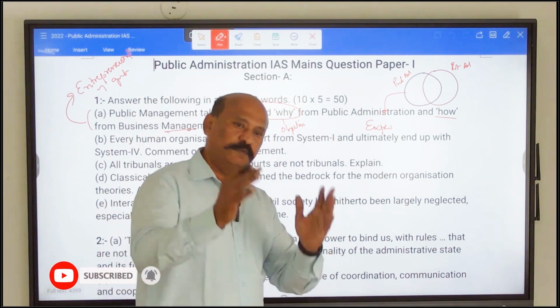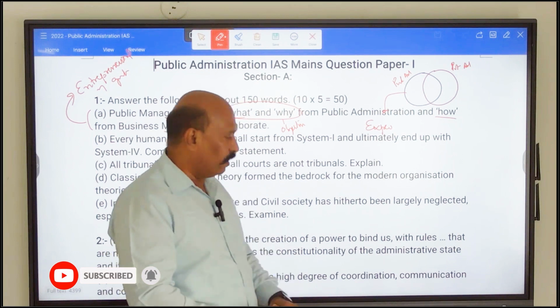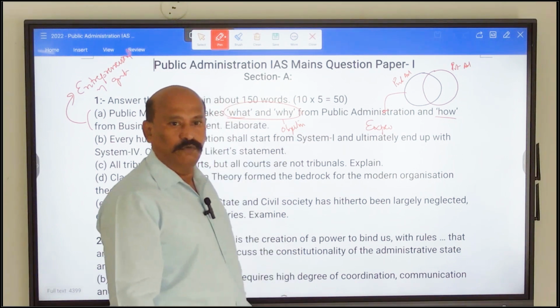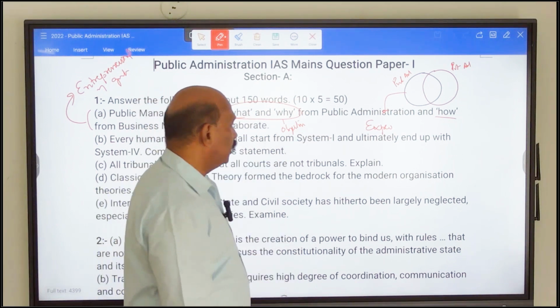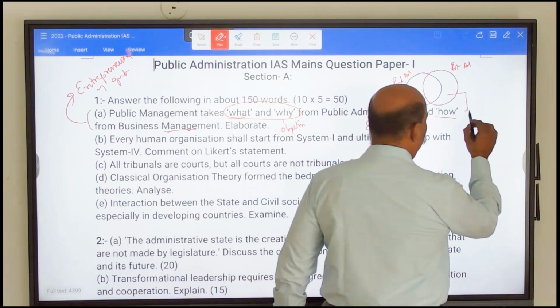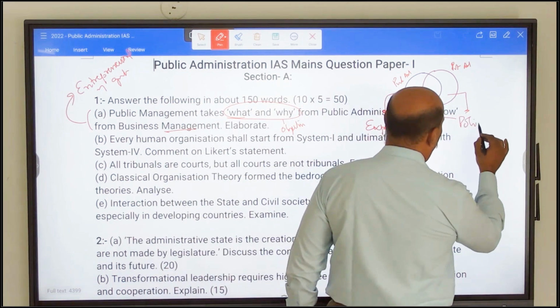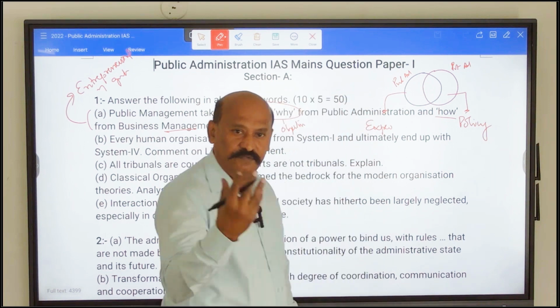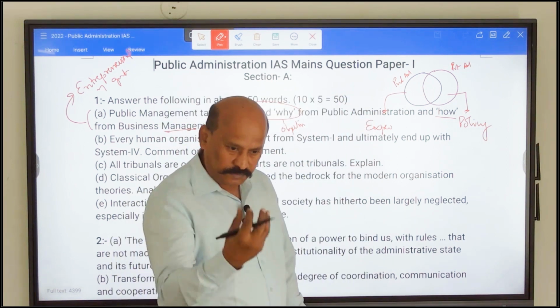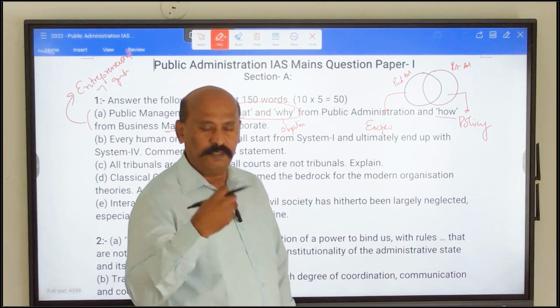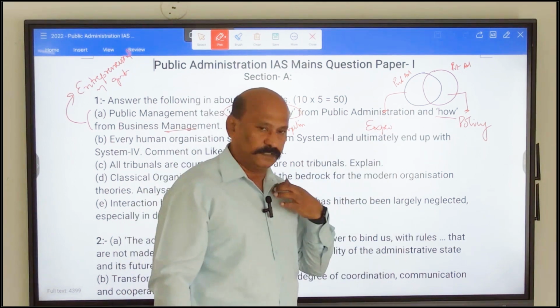Welfare expenditure, we thought you can spend any amount of money. Now we say no. You have to take it from the how of business management. For every project, every policy, you should apply fiscal discipline. How much will be the expenditure and how much revenue can be generated for that purpose.